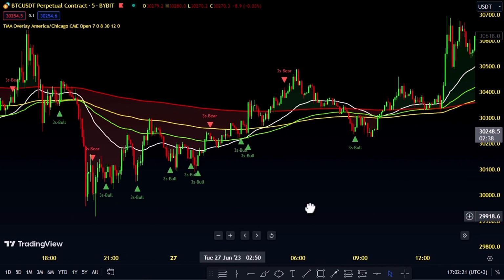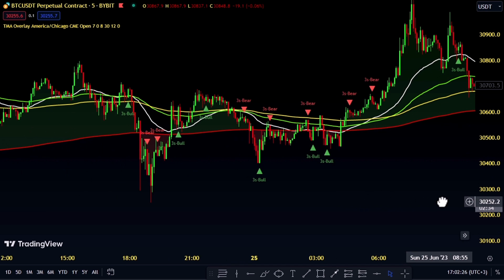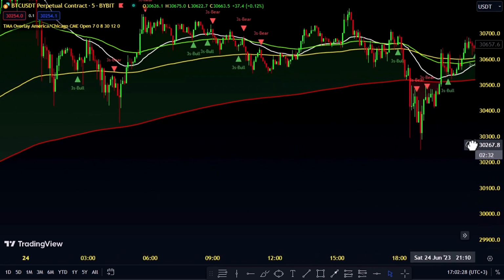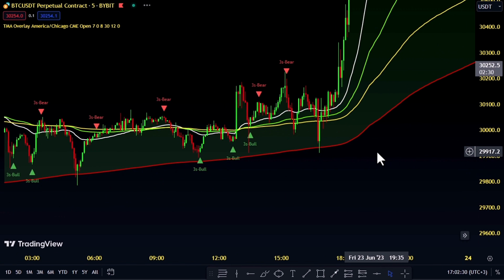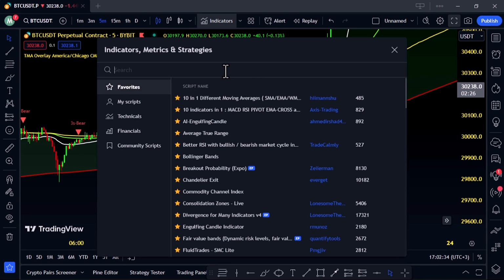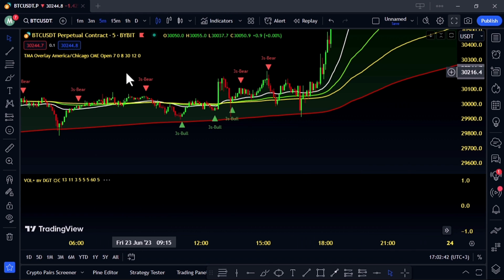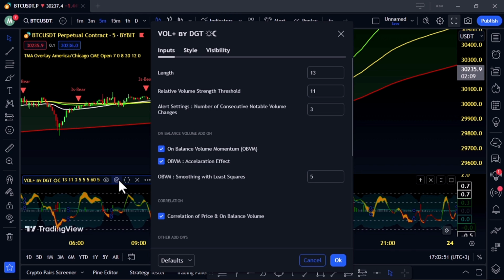There are many strategies you can create with this indicator, but let me show you the one that is almost never wrong. For the strategy, you need to add one more tool to the chart. So click on the indicators button one more time and search for Neglected Volume by DGT. The one that you're looking for is this one. Access the indicator settings and make some adjustments in the style.